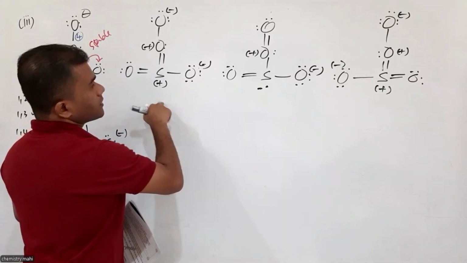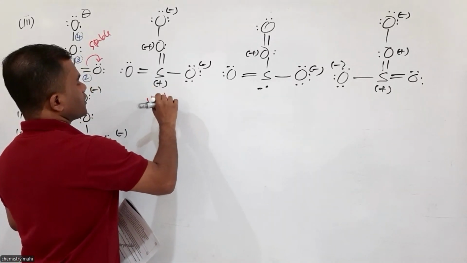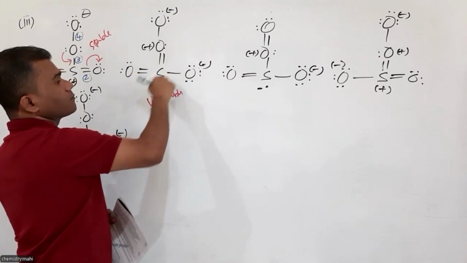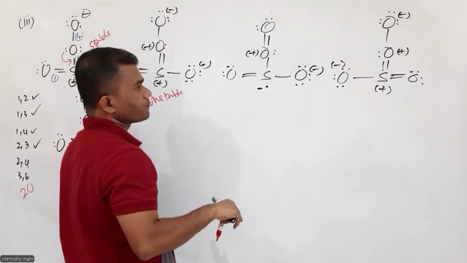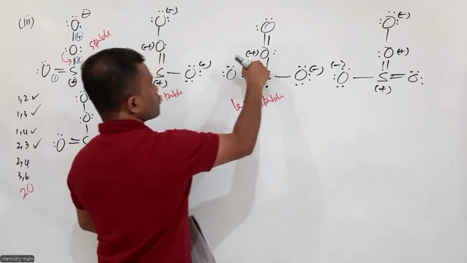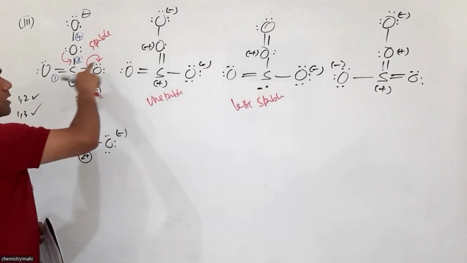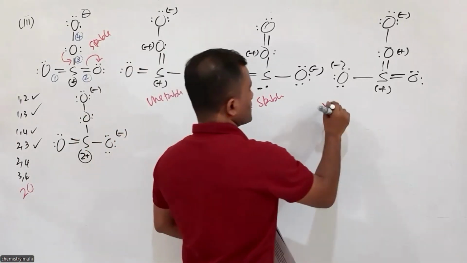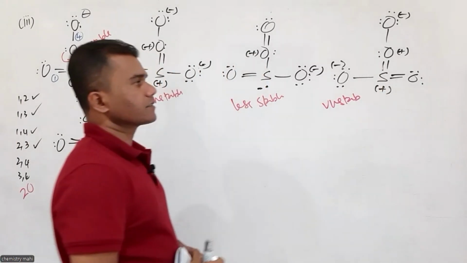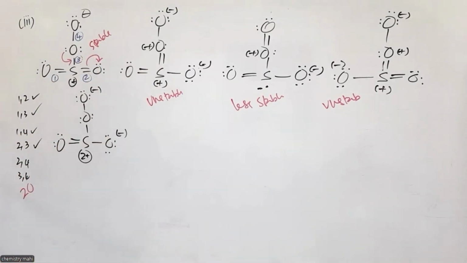This should be unstable. Why? More charge separation, plus on oxygen, adjacent atom plus. Very bad. This should be less stable. Why? Plus on oxygen, compared to this plus on oxygen. This one is unstable. Why? Again plus plus minus minus, adjacent atom plus, oxygen plus, you see. Then it's unstable.